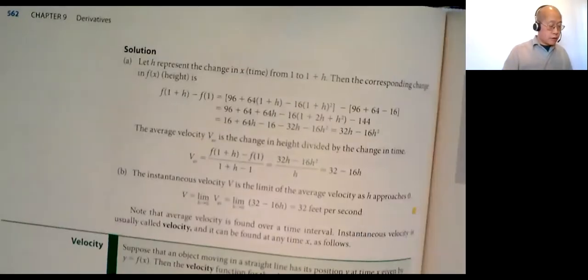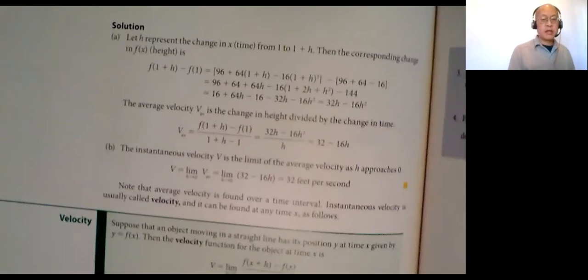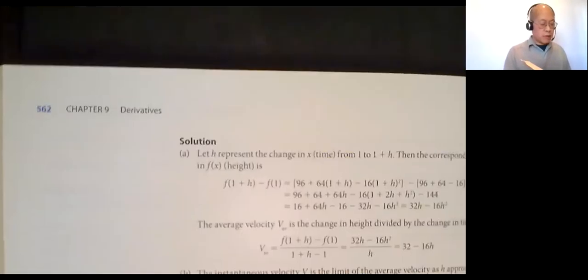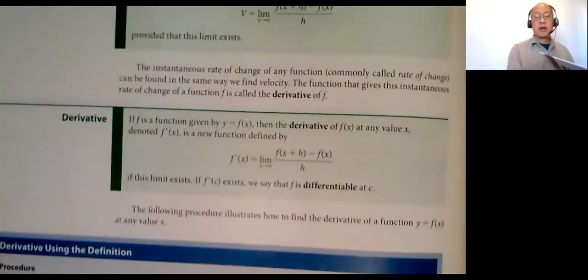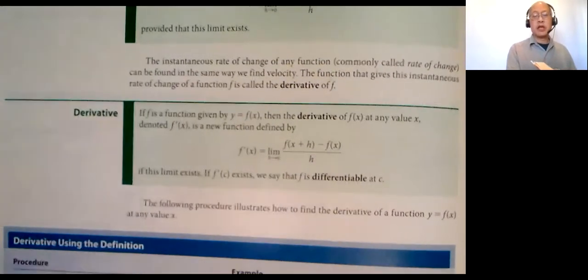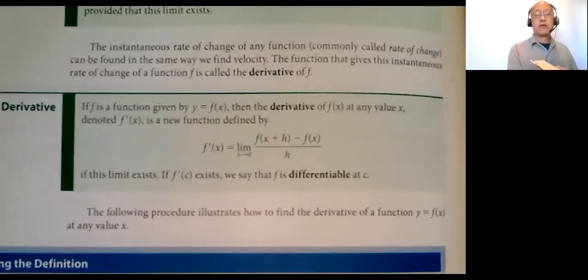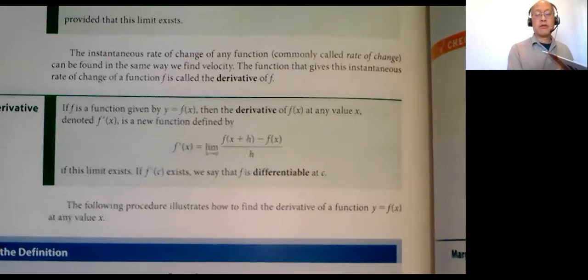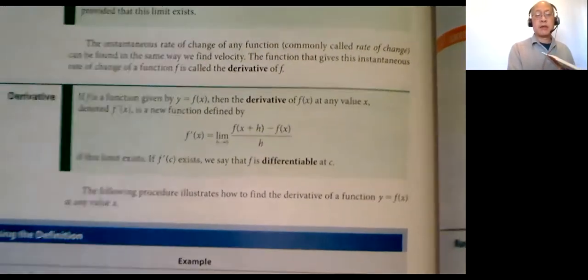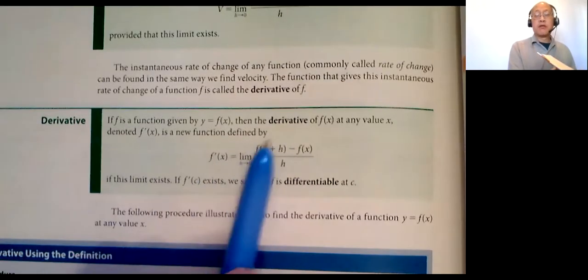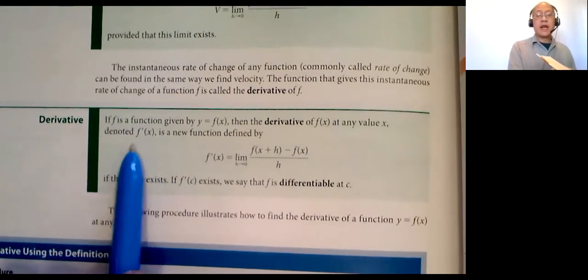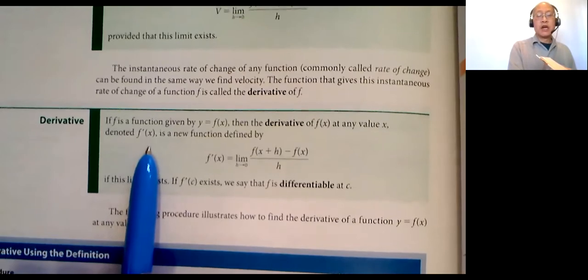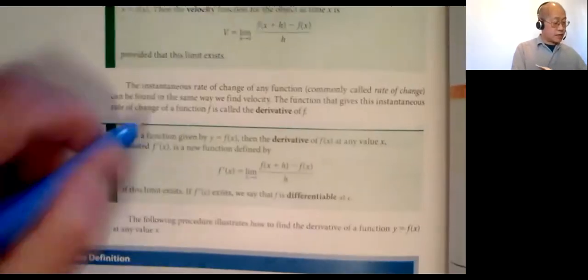The harder part is something called the derivative on page 562. This is what you want to put in your next cheat sheet. You'll have to find it in your version of the text, which is not necessarily the same. The derivative, we write it like this, f apostrophe x. We say f prime of x.